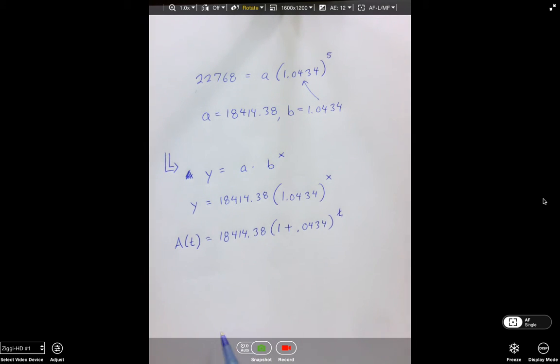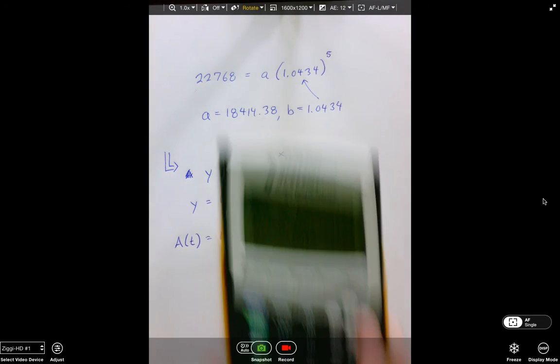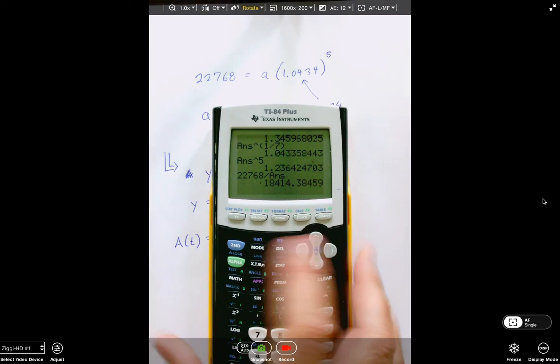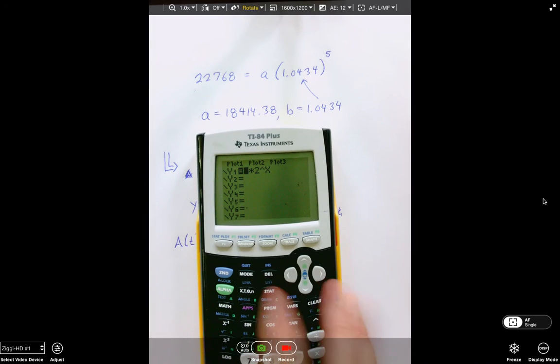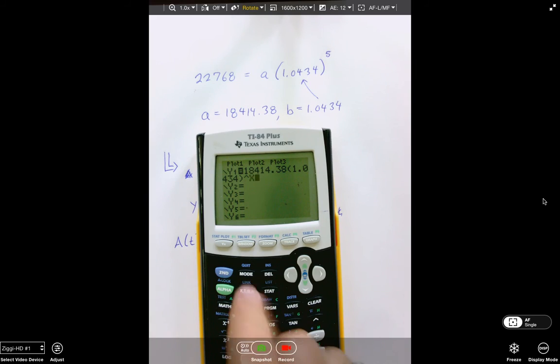This tells me, and what I'll tell you before we figure it out, let's see if it works. So I go to y and I enter 18414.38 times 1.0434 raised to the x power.